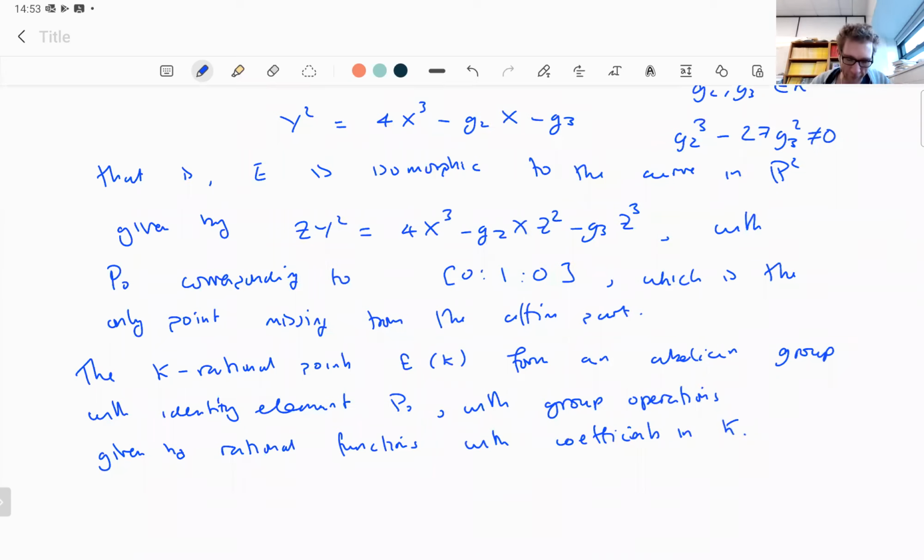I'm not going to try and draw the pictures for it, but if you haven't seen it before, just Google it, you'll get nice pictures.